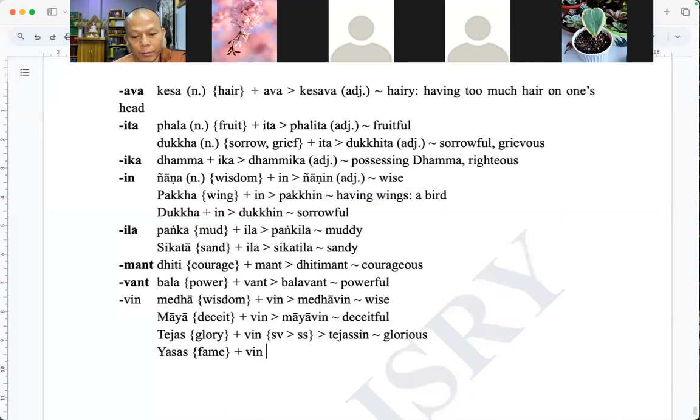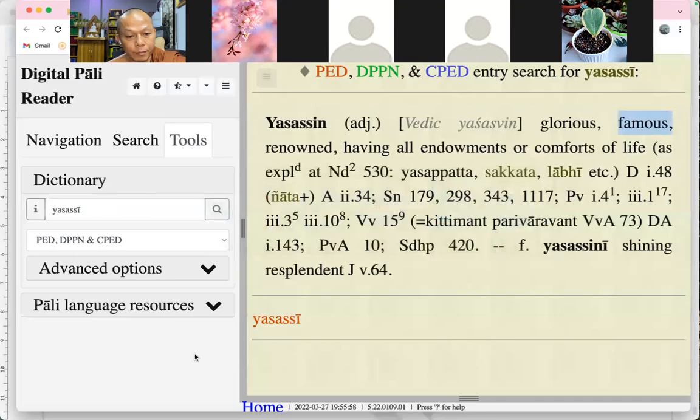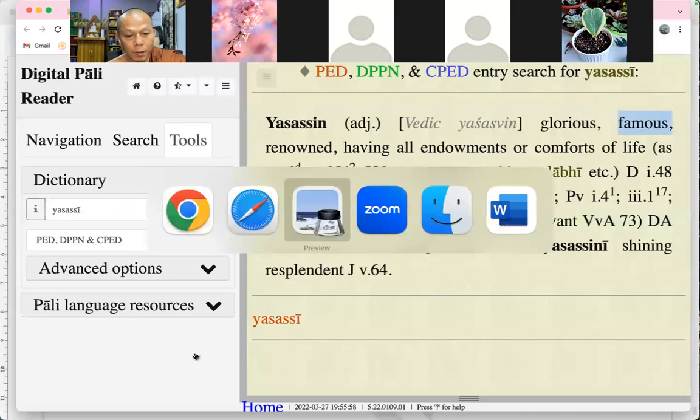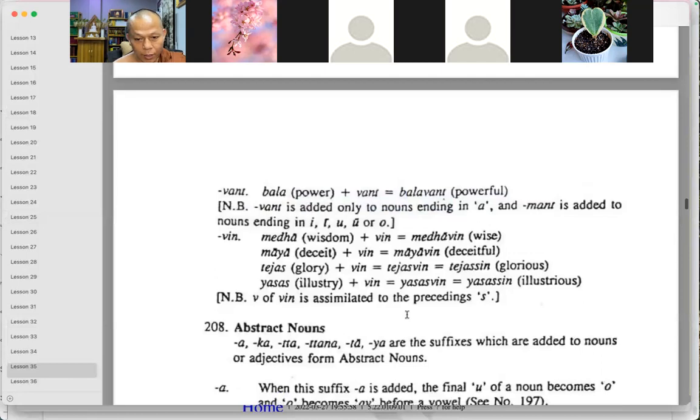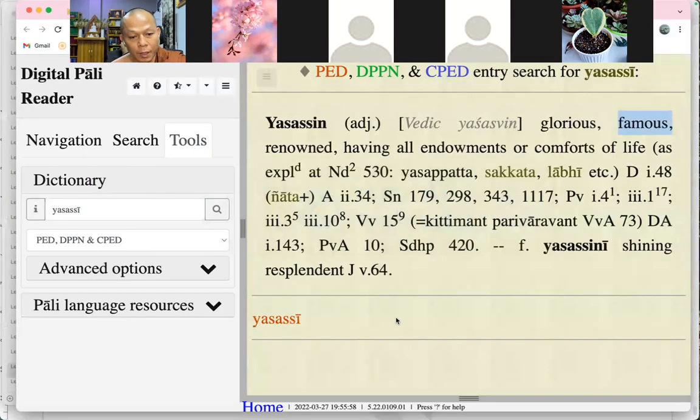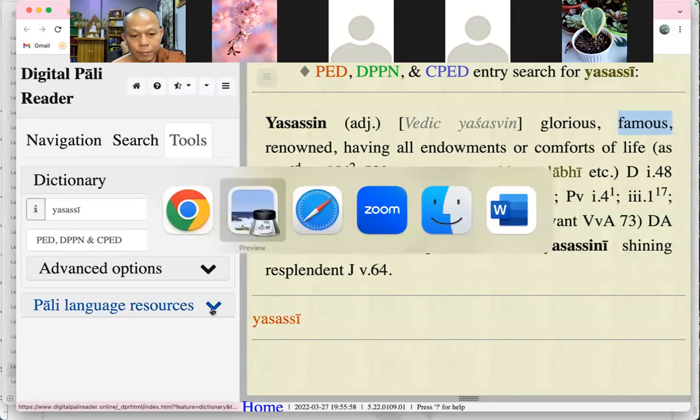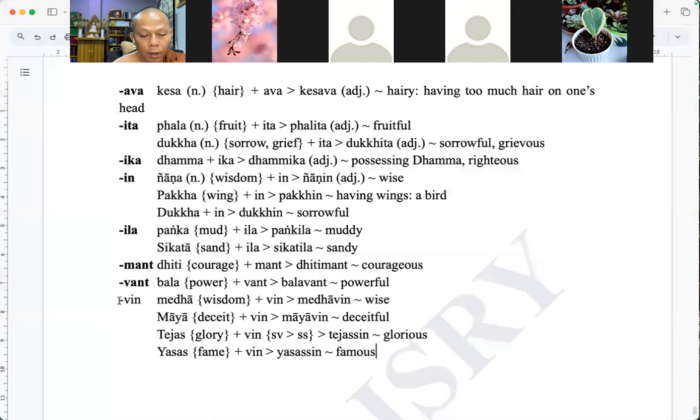And the va here becomes sa. So we have yasasi, famous in this way. Okay, so now we finish this one also. The rest are for next time. Okay, so any question?